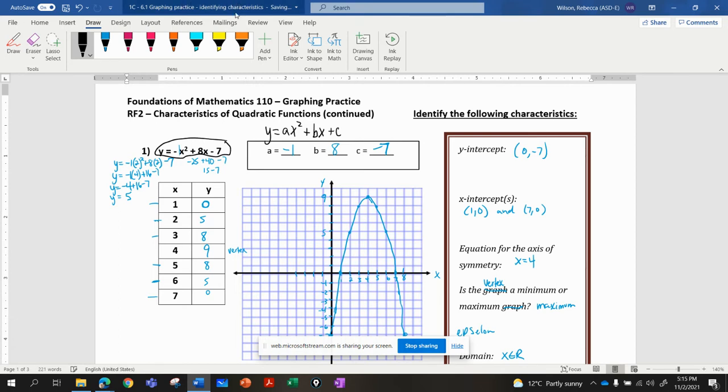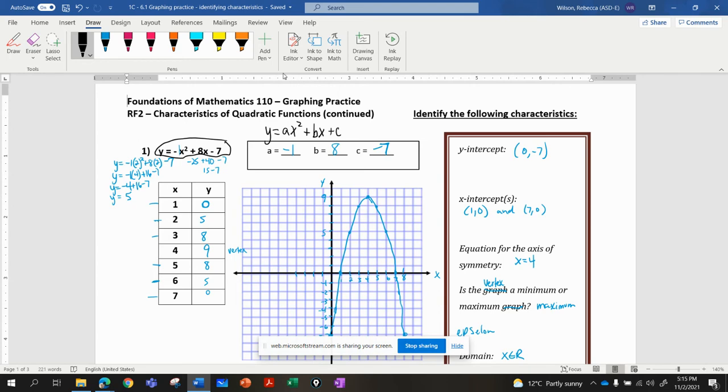So notice that A is -1 here. That tells you that the parabola is opening down. If A was any negative number, that just tells you that the direction is opening down. The values that I mentioned before are what tell you if it's skinnier or wider. It's just whether it's positive or negative that tells you what direction it's opening. So any negative value is going to result in a parabola that's opening down.